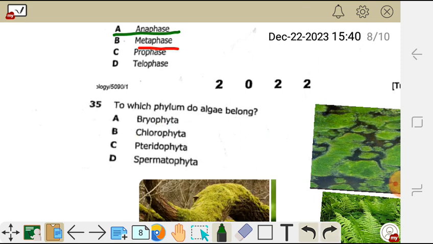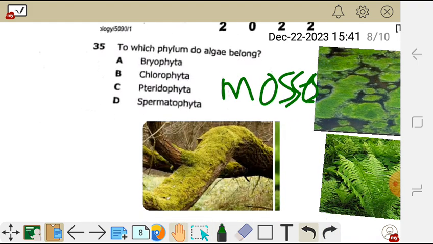Bryophyta, those are what we call mosses. Mosses are in Bryophyta. Like in this diagram here, this is what you see on damp trees. Those green-like structures are what we call the mosses, and they are in the phylum Bryophyta.